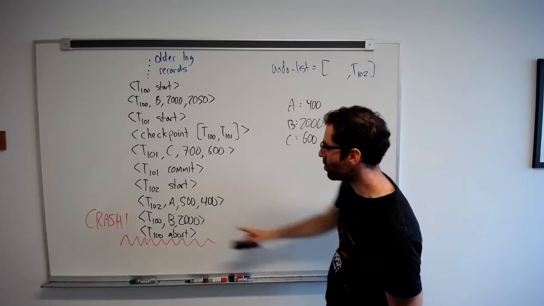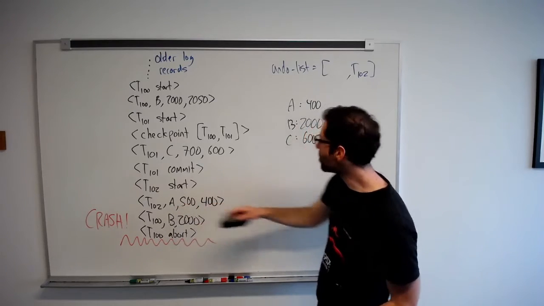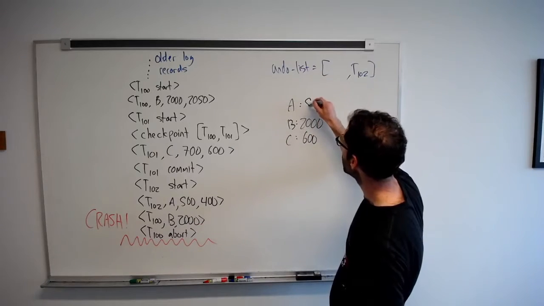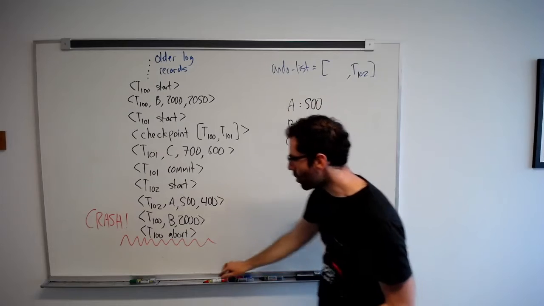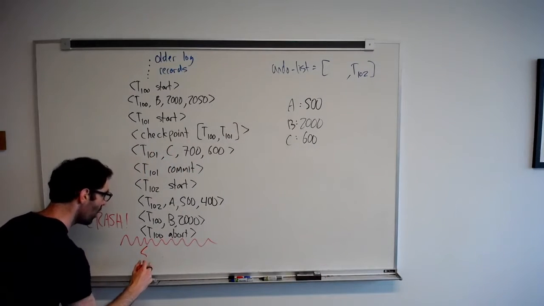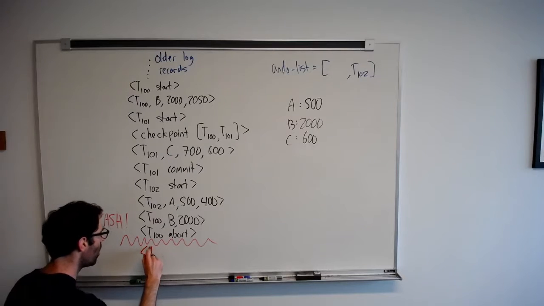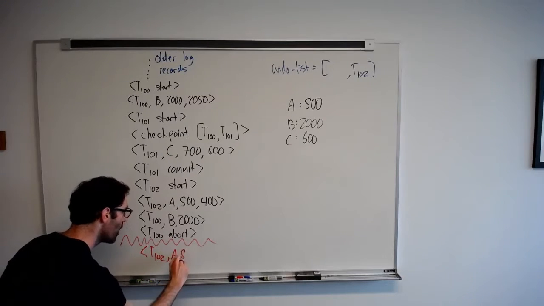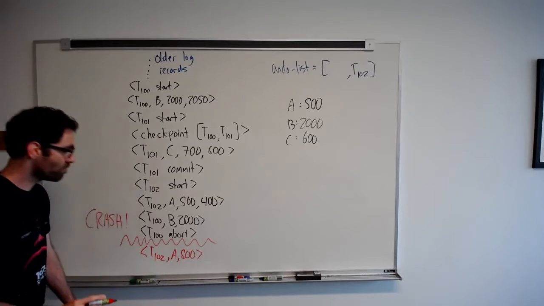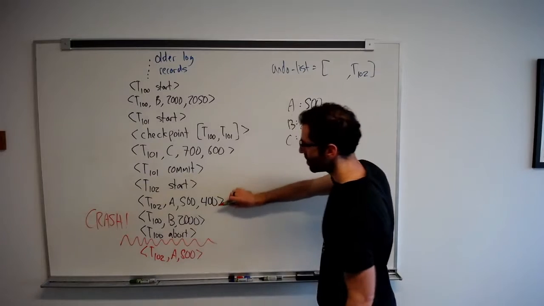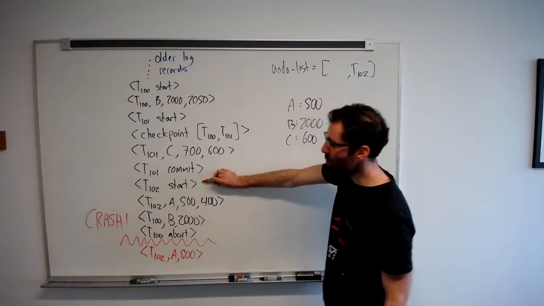So we're going to change A back to its old value, back to 500, and we're going to append our compensating log record, or redo only log record, for T102 resource A 500, and we continue scanning back.